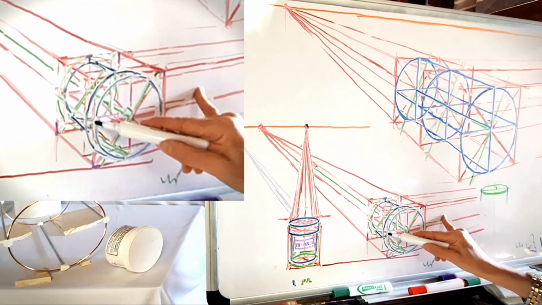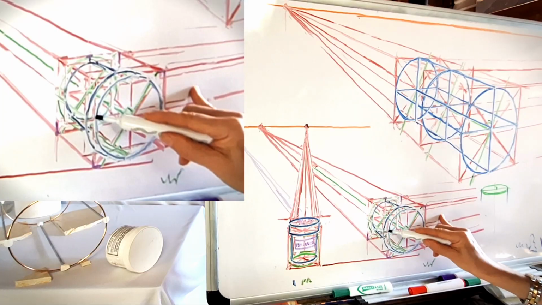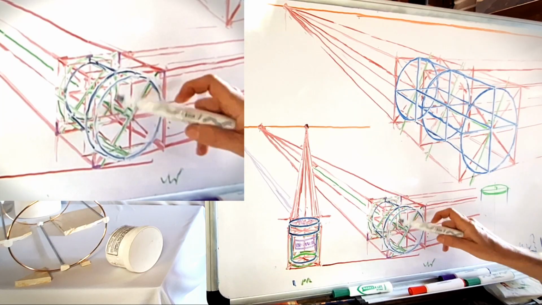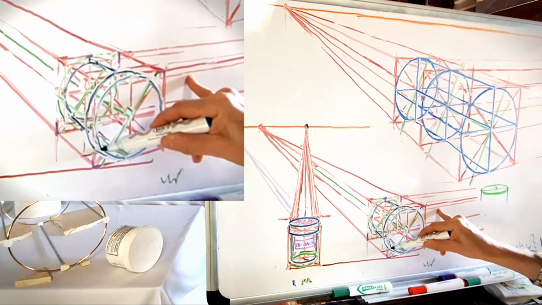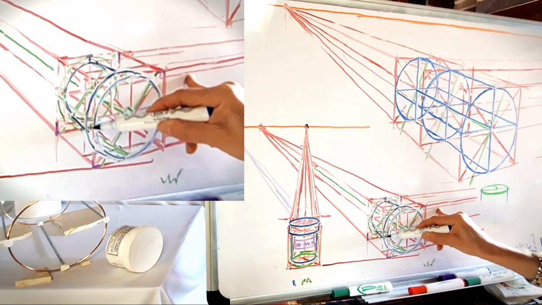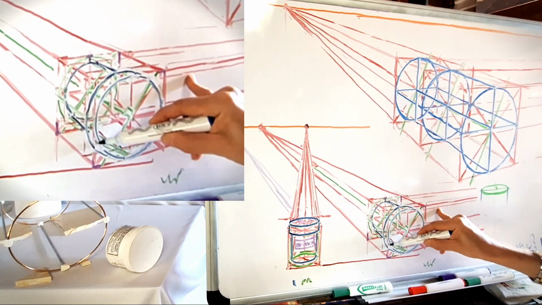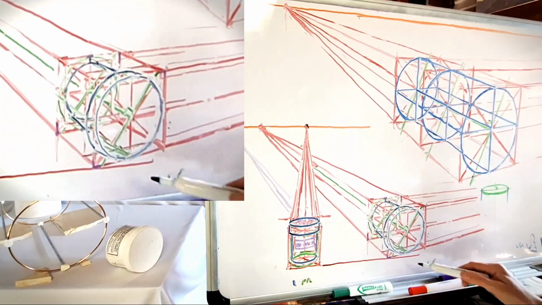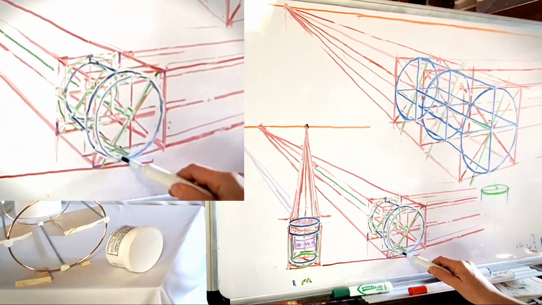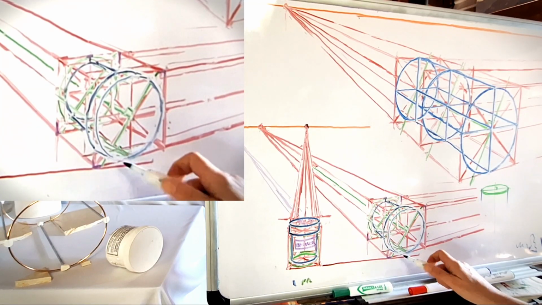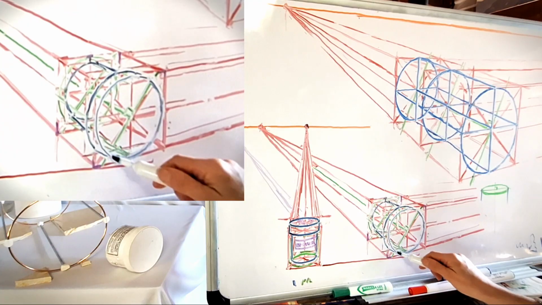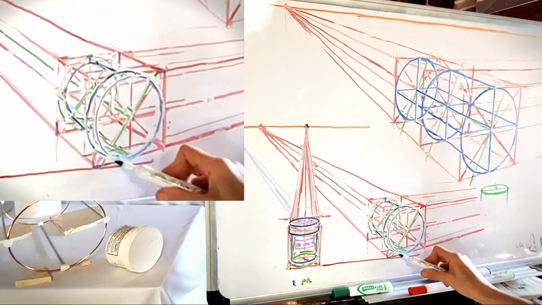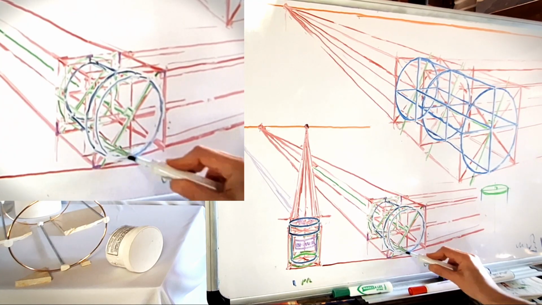If I could make it darker, that would be great, but my marker doesn't want to cooperate. Going down, it cooperates. Drawing downward. No, no. All right.